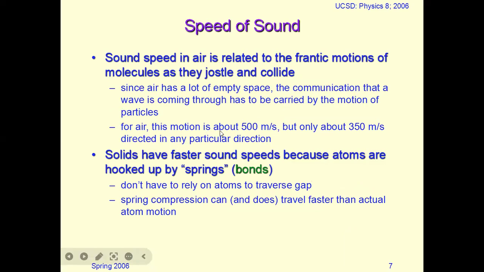For air, this motion is about 500 meter per second, but only about 350 meter per second directed in any particular direction. Solids have faster sound speeds because atoms are hooked by springs, that means there are bonds. So they don't have to rely on atoms to traverse the gap. Spring compression does travel faster than actual atom motion.